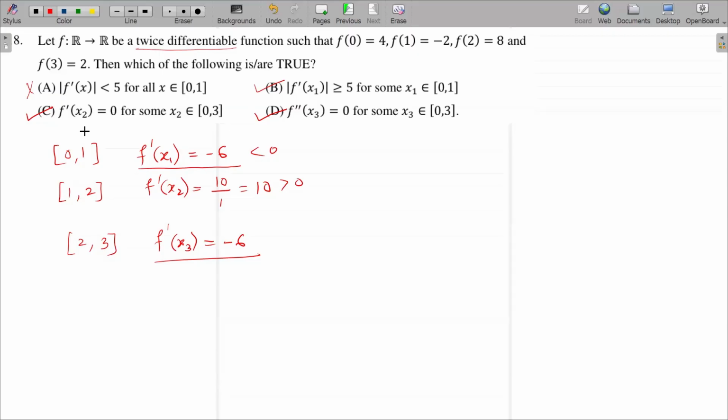Still, the derived function also follows the intermediate value property. Correct. That's the point. Although continuity is not there, IVP is available for the derivative, and that's enough for our argument. Very good.